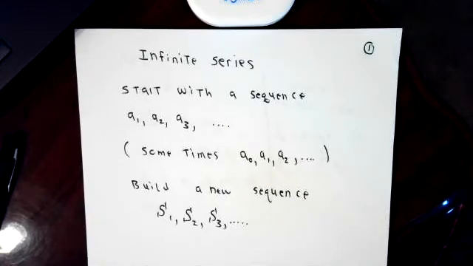And given this sequence, we're going to create a new sequence based on it. We'll call this new sequence capital S: S1, S2, S3, and so on. And we need to figure out how exactly we're going to build this new sequence.